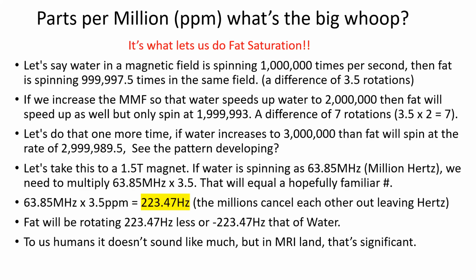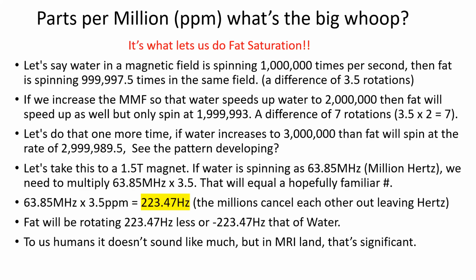If you add 3.5 to that, you're going to get 1 million. Now, increase that field strength a little bit, and speed water up to 2 million. Well, fine. Fat is going to go 1,999,993. That's 7 revolutions less, or 3.5 times 2. Do you see a pattern developing?